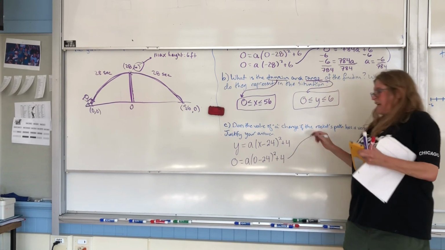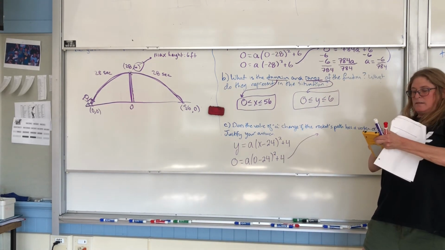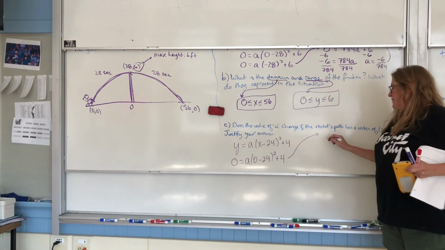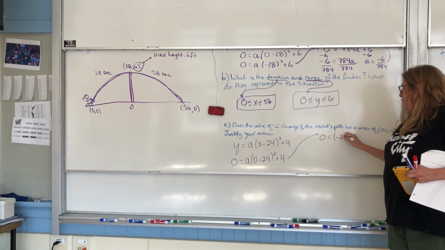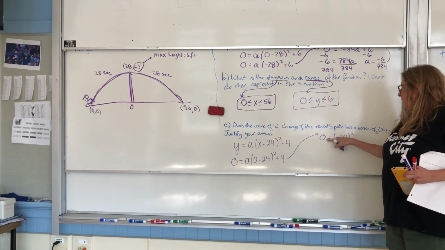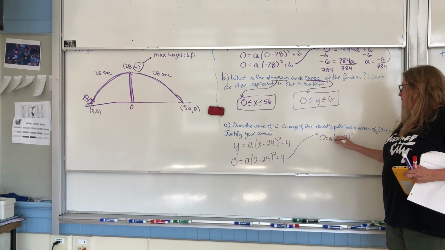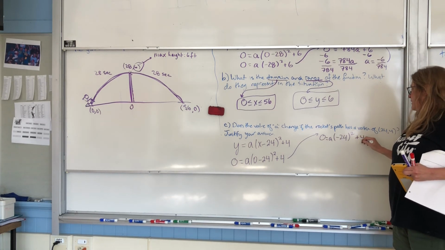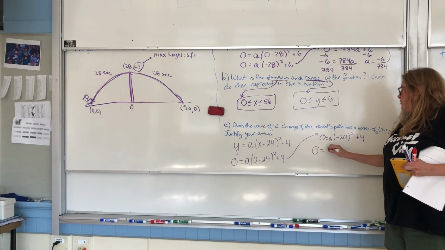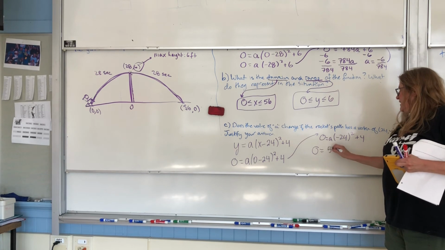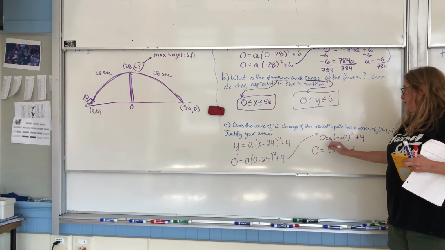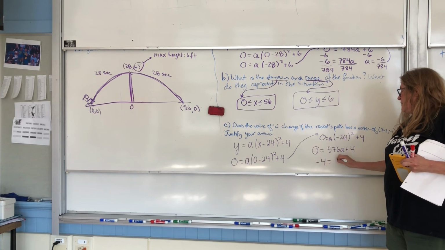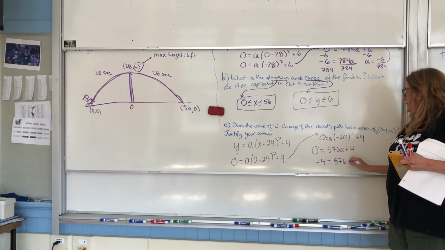that's going to get me this. 0 equals a times negative 24 squared, plus 4, which is 0 equals 576a plus 4. Move the 4 over, right?